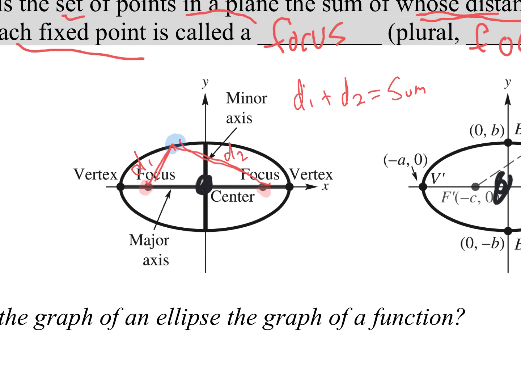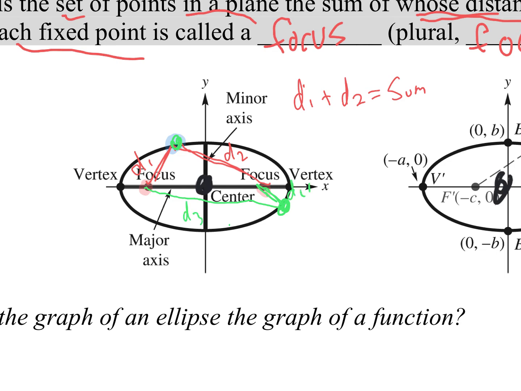But the ironic thing is, no matter where I move this point, even if I move it right here where it really looks different, I again take the distance from this focus, and call this one distance 3 and this one distance 4.